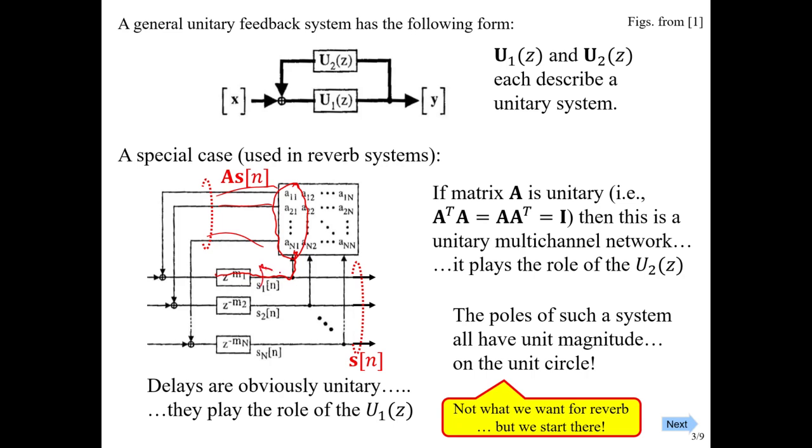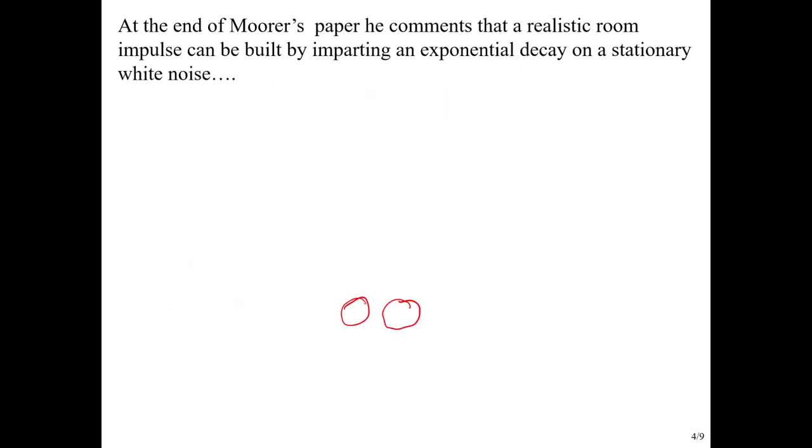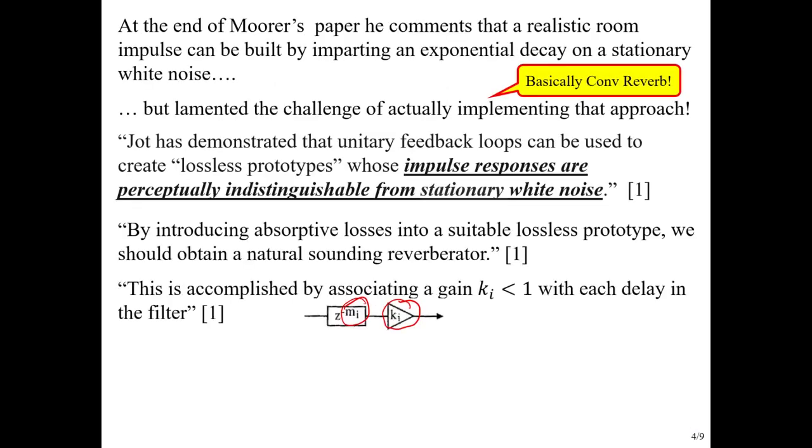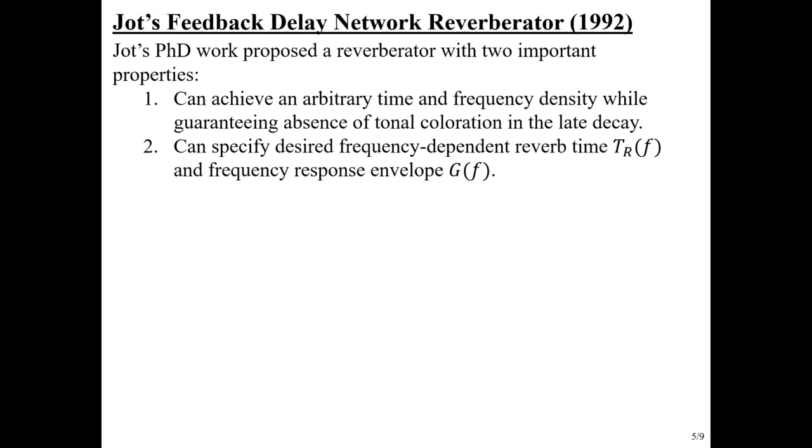So if I'm putting in a multiplier here, why can't I just drag that up here and change each one of these A's, so the A11 would be A11 times K1. A21 gets replaced by A21 times K1, and so on. So everything in here gets multiplied by K1. Everything here gets multiplied by K2, and so on and so on. And so now we can implement something that will sound like a reverb.